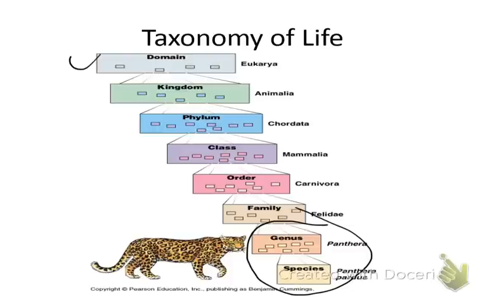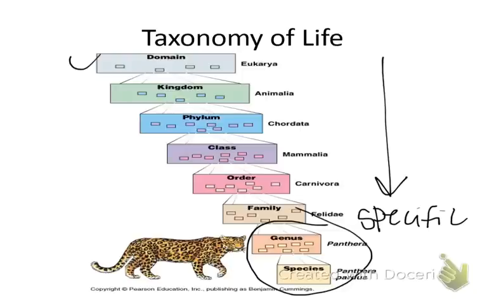And you want to know that species is the most specific, and kingdom is the most inclusive, so the broadest, not specific, right? Like we're all alive, animals and plants, so not very specific. So kingdom, phylum, class, order, family, genus, and species. And that's what I'm going to ask you tomorrow when you get into class. Can you say that? So when you turn your video off, you want to make sure that you can say those.